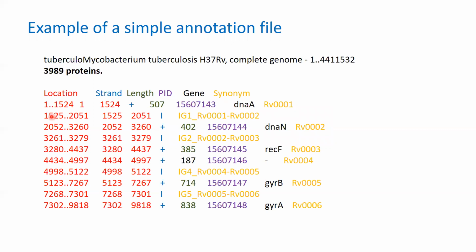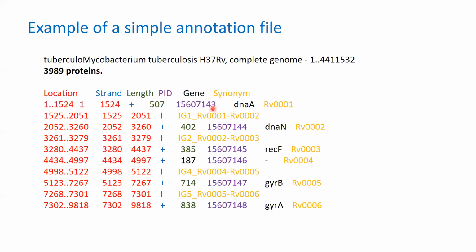For instance, let's look at the first line. We have a gene that goes from coordinate number 1 to coordinate number 1524. That gene is 1524 base pairs long. It's on the forward strand. It encodes 507 amino acids, and this protein has a certain ID.